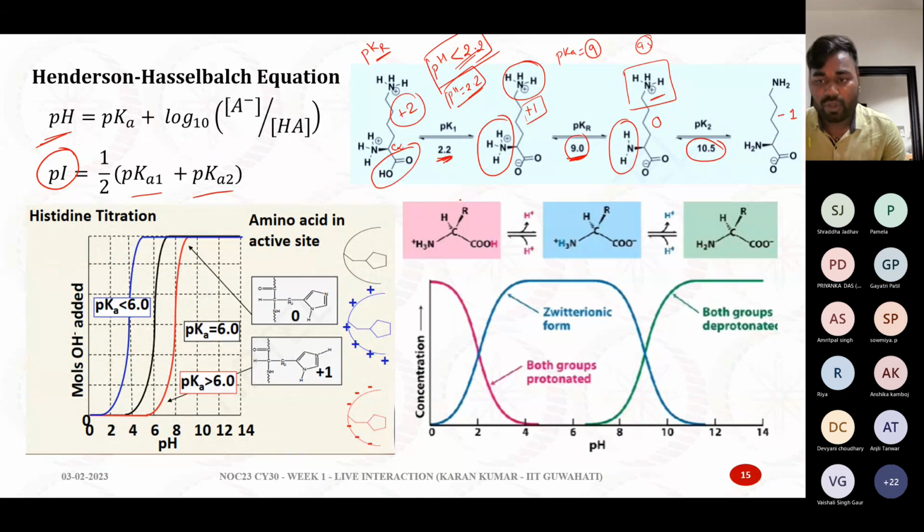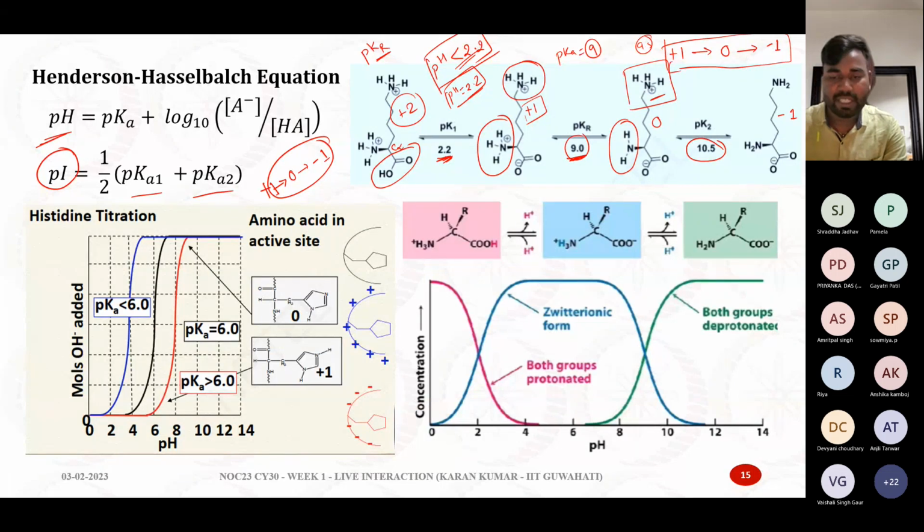Okay, so to remember that, you need to take only those pK values where the charge is changing from +1 to 0 to -1. Wherever you see this transition from +1 to 0 to -1, you take those pK values and calculate the PI value of that amino acid.